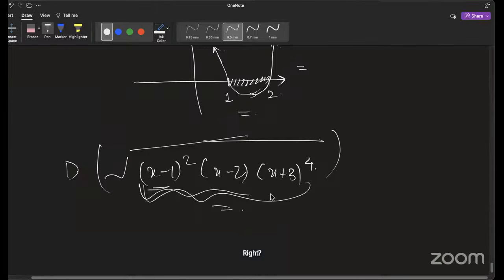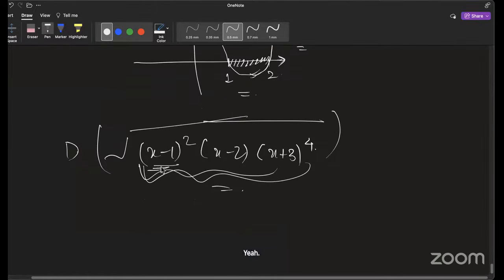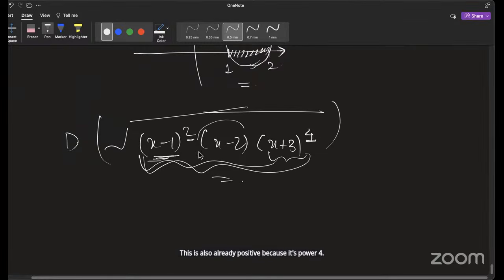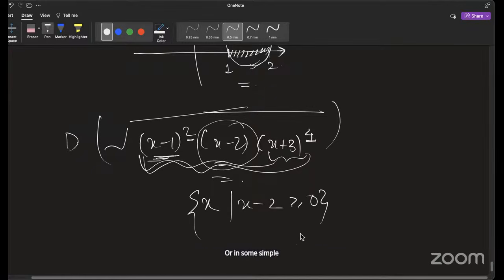This is already positive because it's a square. This is also already positive because it's power 4. So you just need to make sure that this is positive. So the domain should be x such that x minus 2 is greater than 0. Or in simple words, you can say from 2 to infinity, right? So this should be your domain.